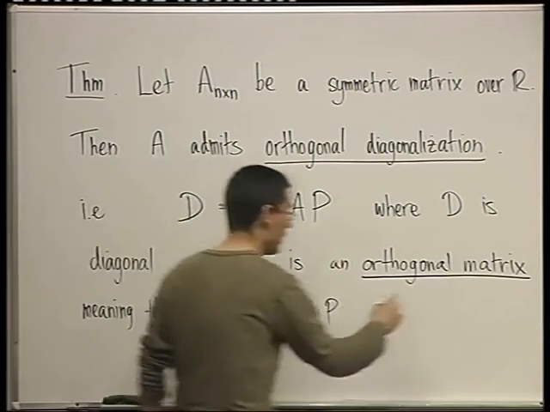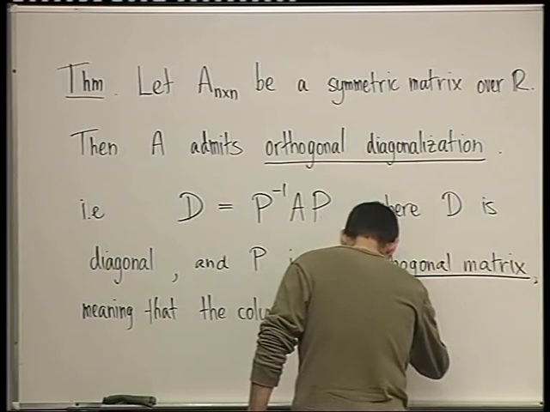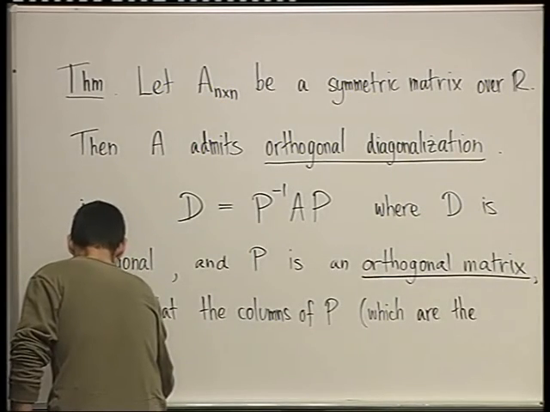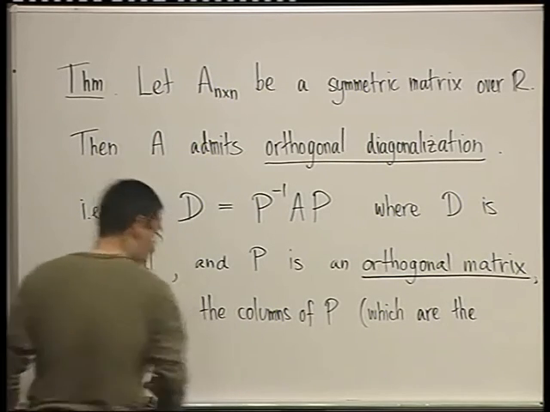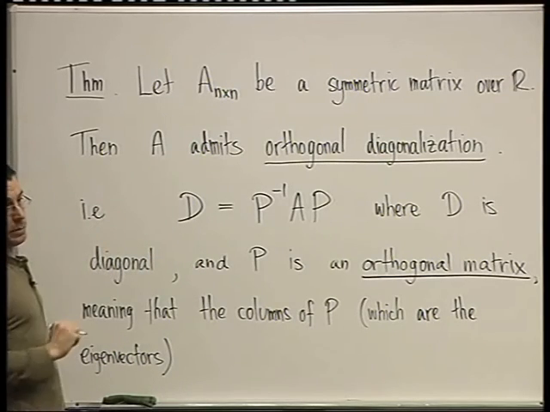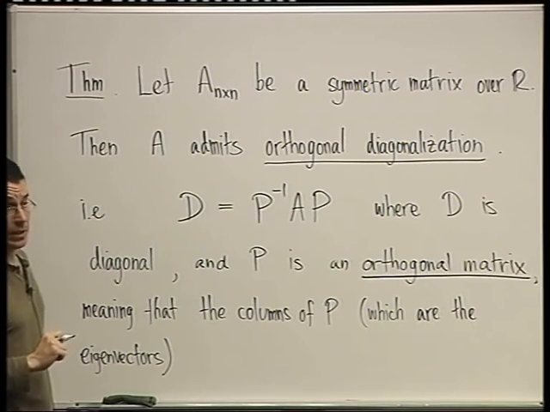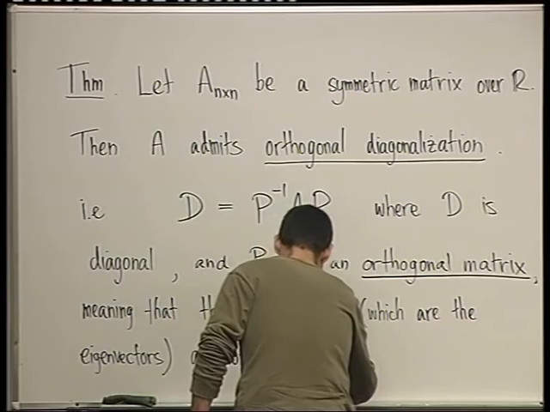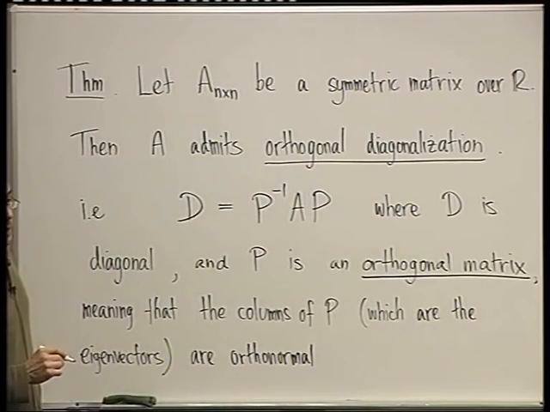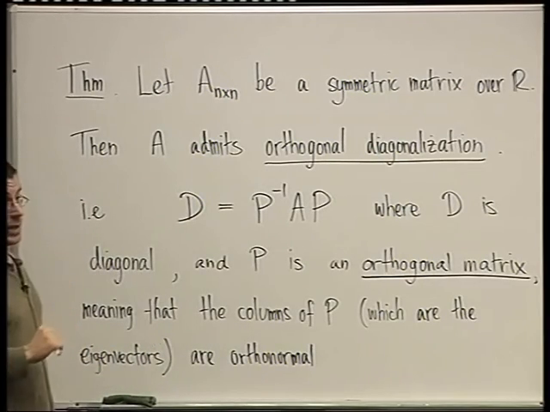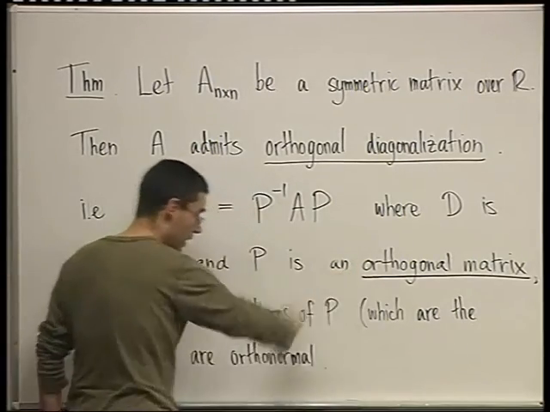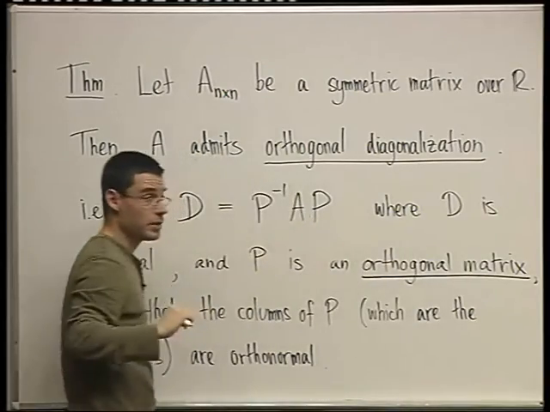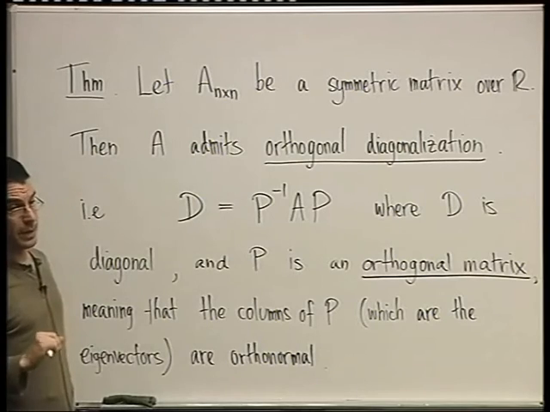So let's write: P is an orthogonal matrix, which by definition means that the columns of P, which are the eigenvectors of A, are not just orthogonal, but are orthonormal. That's the terminology. The terminology is a bit misleading in this case. So the columns of P are orthonormal. And in this case, an orthonormal basis, right? Because if it's diagonalizable, then we have an orthonormal basis. Okay, so note the bit of trickiness in the terminology. It's called orthogonal diagonalization, and it means that P is an orthogonal matrix, but an orthogonal matrix means that its columns are orthonormal and not just orthogonal.